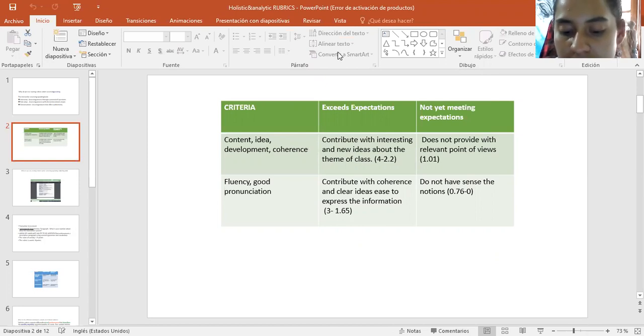There could be a level for a good score, for example, "exceeds", if a student exceeds the expectations, it could contribute interesting and new ideas about the theme.